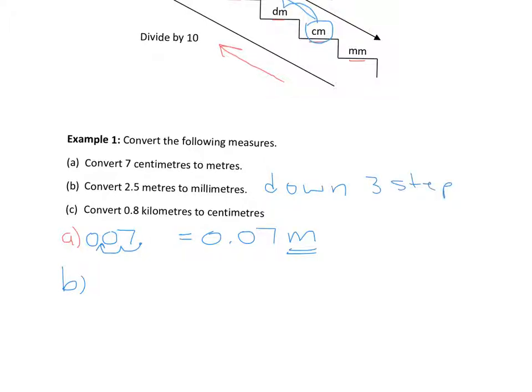Okay, so that means we're multiplying by 10 3 times, or multiplying by 1,000. So remember, when we multiply by 1,000, we move the decimal place right 3 spaces. So I'm going to throw some extra zeros in here and go 1, 2, 3. That's where the new decimal place will be. So my answer will be 2,500 millimeters.